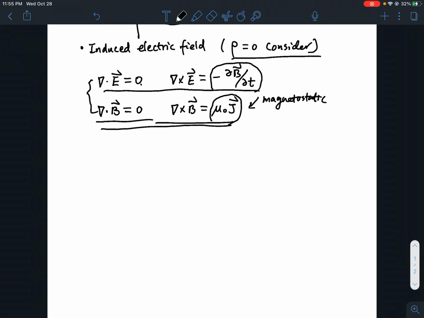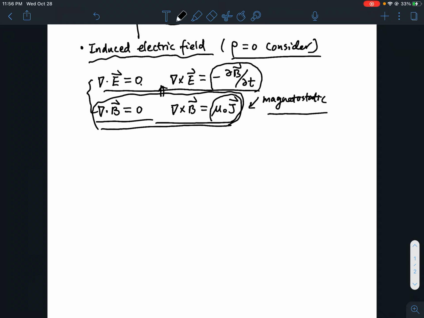Otherwise, they are the same. So in other words, to figure out this induced electric field, we can use whatever formulas we derived from magnetostatics and apply the same equations. And we can find out what happens for this induced electric field.